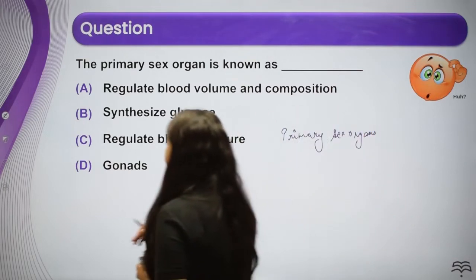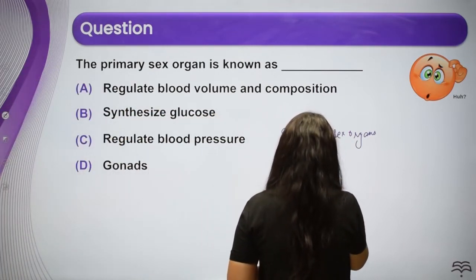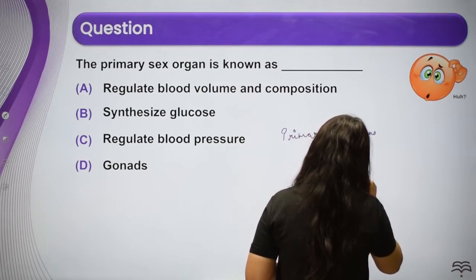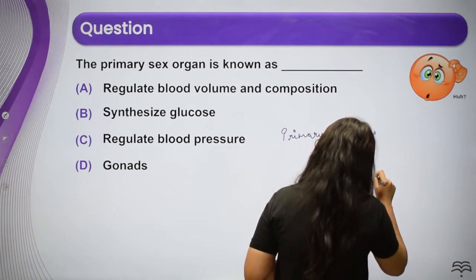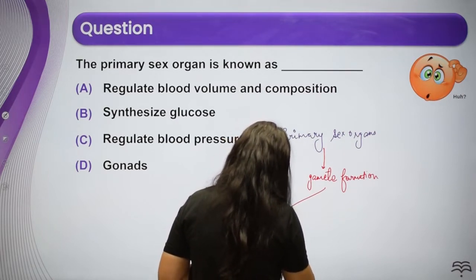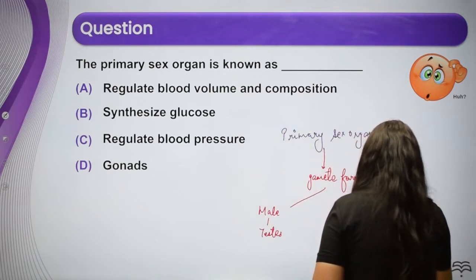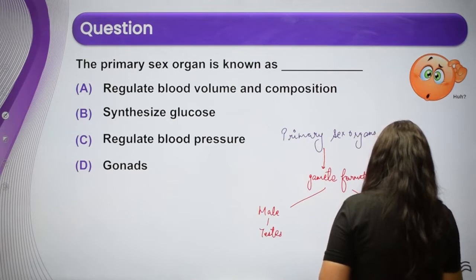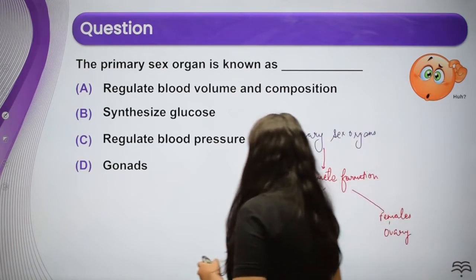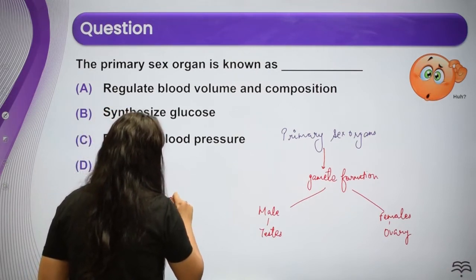So what were primary sex organs? किनको हम primary sex organs बोल रहे थे? जहां पे gamete formation हो रहा था, right? Here what was happening? Gamete formation was happening. All right, now this gamete formation in males happened in testes, ठीक है. And in case of females it happened in ovaries. All right, and testes and ovaries together, what are they called as? They are called as gonads.